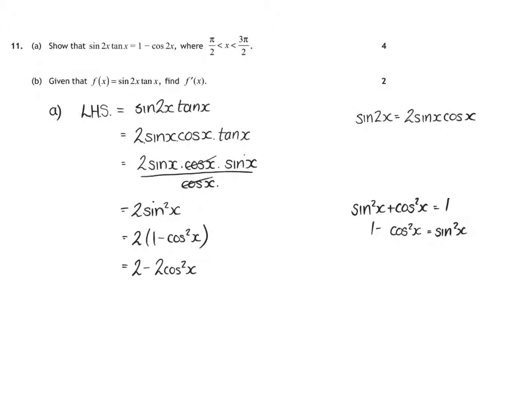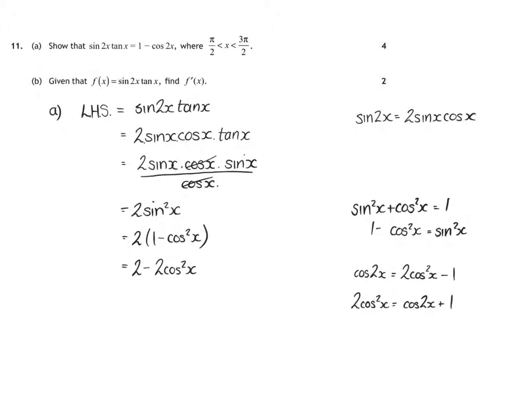Okay, so from there we need to have cos 2x in this. So we know that cos 2x is equal to 2 cos squared x minus 1. Okay, so we can rearrange that. So we can say 2 cos squared x is equal to cos 2x plus 1.